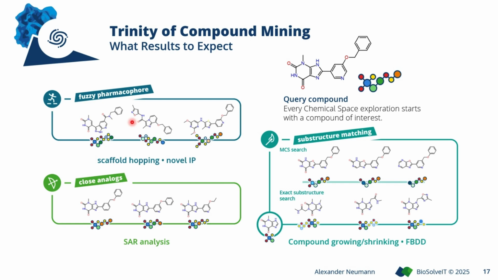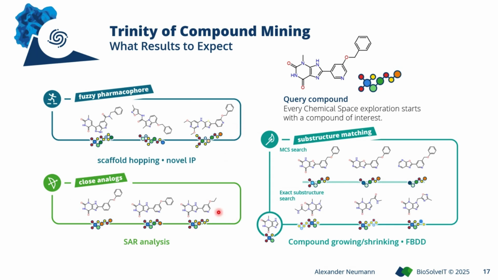Not always that valuable if you're working with a very particular target that really needs exactly this pharmacophore. Some people don't like this pharmacophore fuzziness in the tool. I personally love it, and I can show you in the upcoming slides what I mean by that.